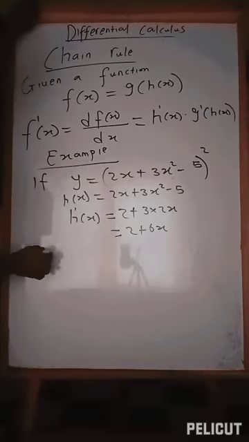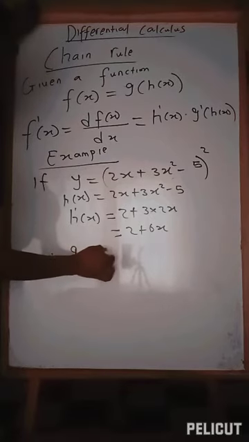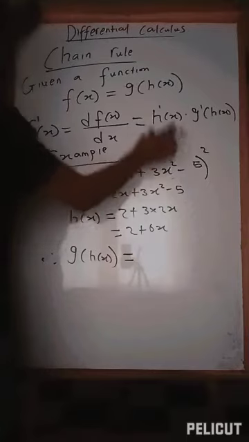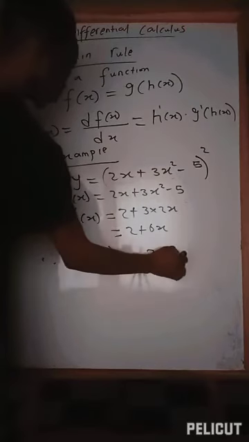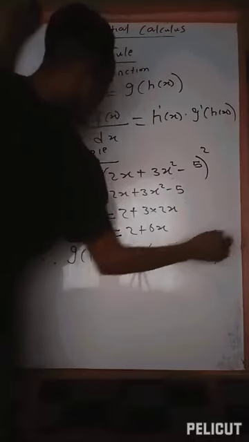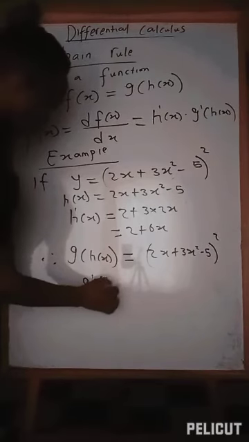Okay, so this implies that our g of h of x is the same thing as this guy squared, that's 2x plus 3x squared minus 5, all squared. So let's find g prime of h of x.